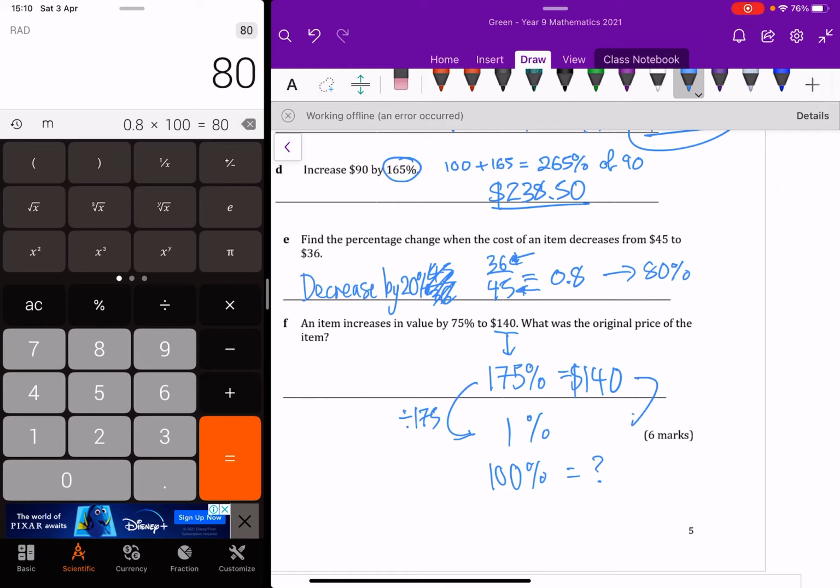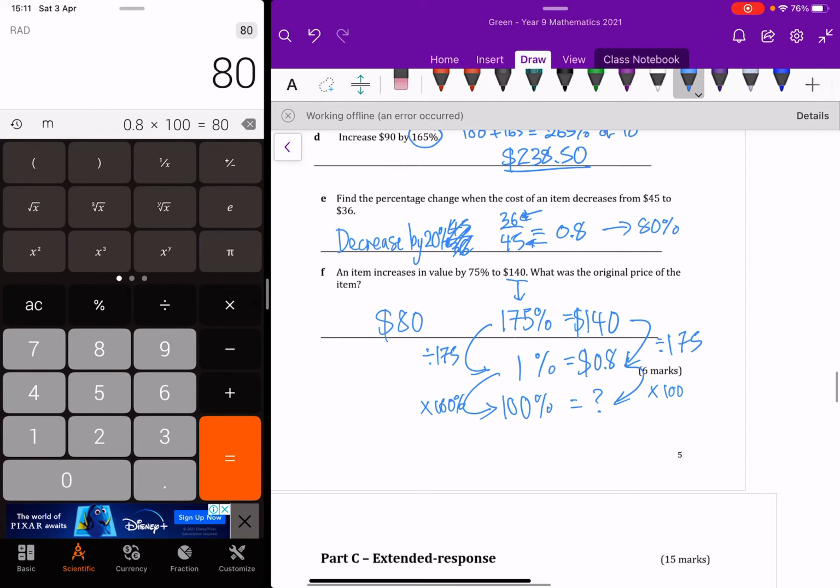So 140 divided by 175 is $0.80. So 80 cents is 1%. Then I'm going to times that by 100, and this gives me 100%, which is what I was trying to get to. So 0.8 times 100 gives me $80. Okay, so that was the original price of that item.